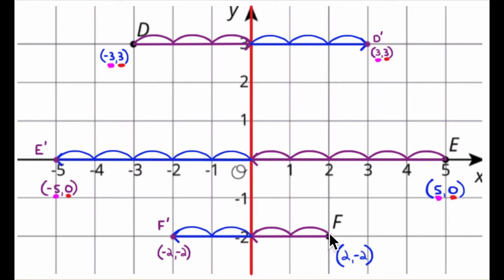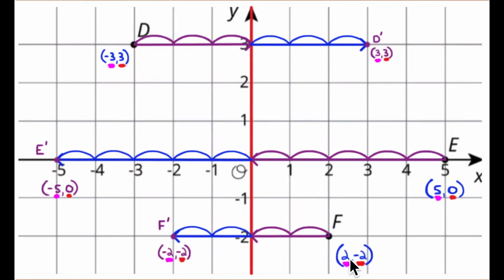And again, you're moving in a perpendicular direction to the line of reflection and an equal distance on the other side of that line of reflection. So this is positive 2 for the x-coordinate, and this is negative 2 for the x-coordinate, and the y-coordinates are the same, again, because you're moving along the y-axis.